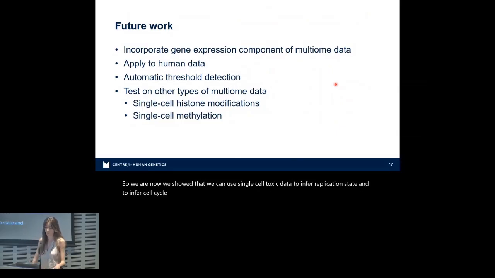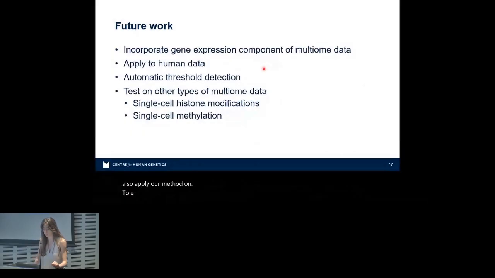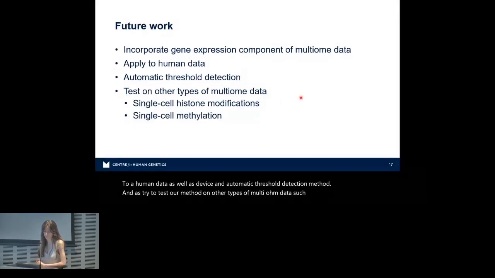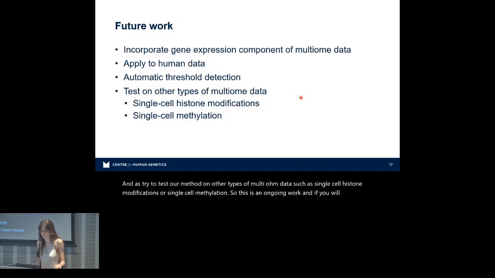But for the future work, we plan to also incorporate the gene expression component of Multiome data to be able to get more accurate predictions, and also apply our method onto human data, as well as devise an automatic threshold detection method, and as well as try to test our method on other types of Multiome data, such as single-cell histone modifications or single-cell methylation. So this is an ongoing work, and if you have some suggestions, I'll be very glad to hear that.